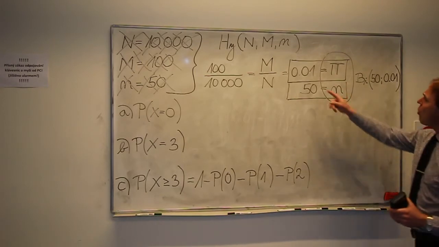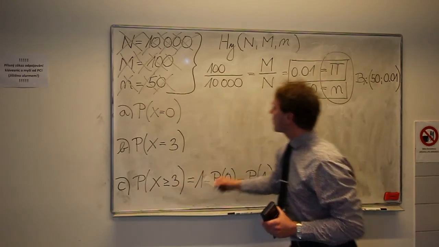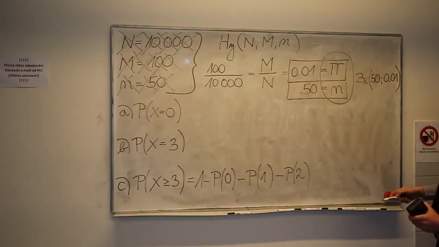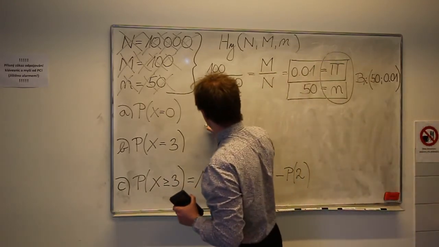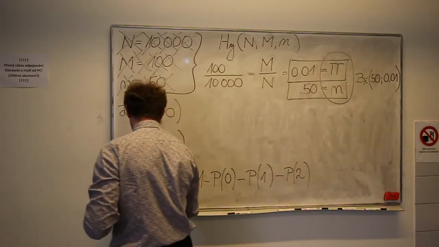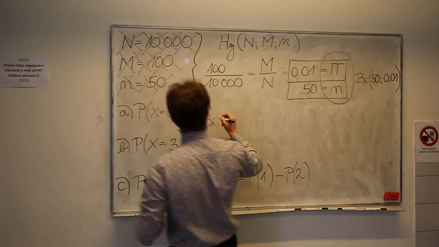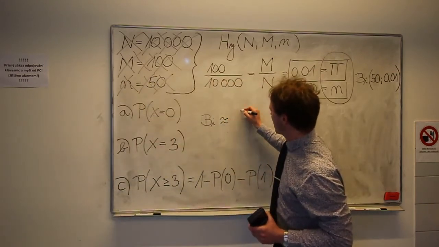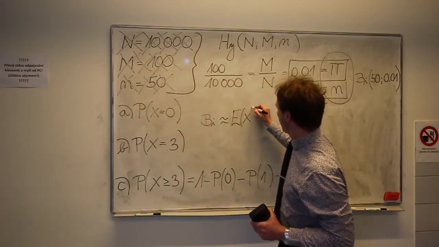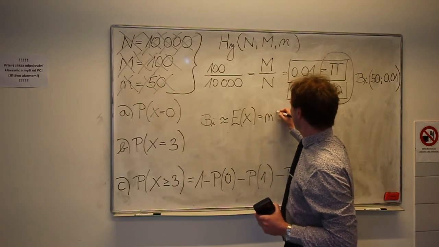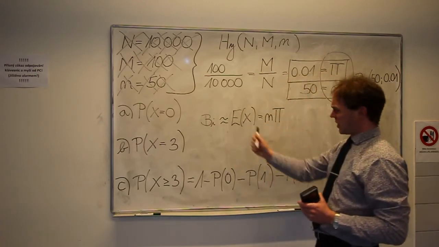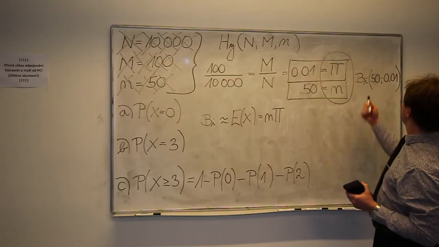Do you know the expected value of binomial distribution? Binomial distribution has expected value equal to n times p. So this is the expected value of binomial distribution.